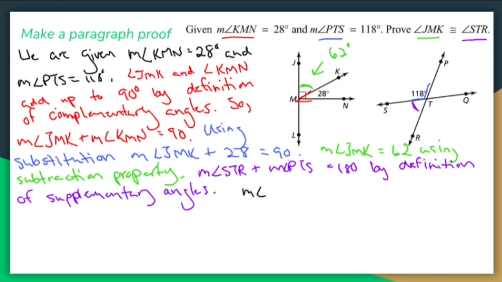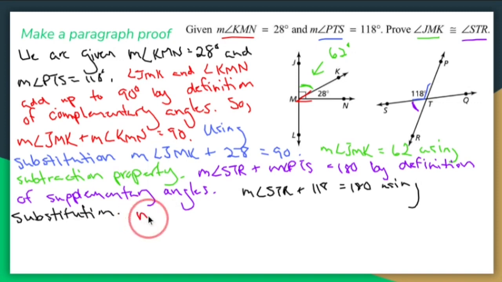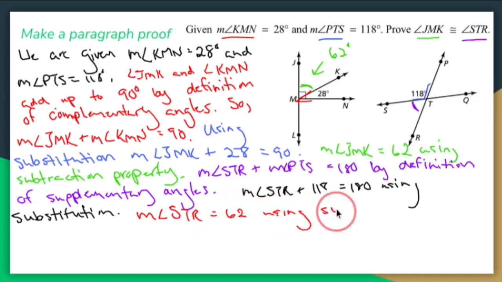The measure of angle STR plus, let's change PTS, is 118 equals 180 using substitution. If I subtract 118 from both sides, I get that the measure of angle STR equals 62 using the subtraction property of equality.